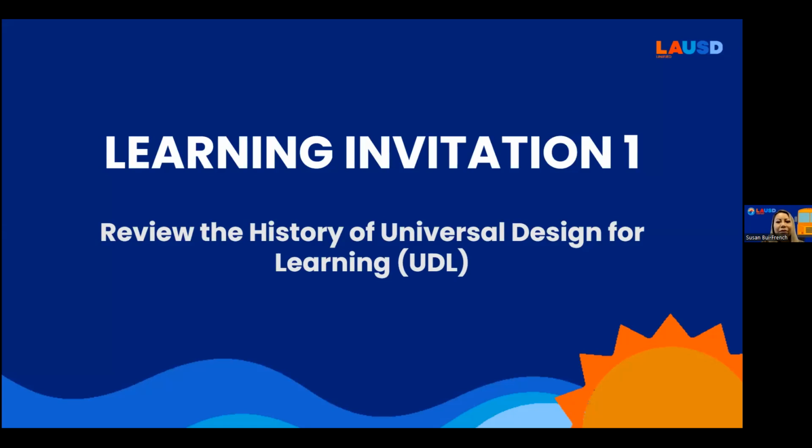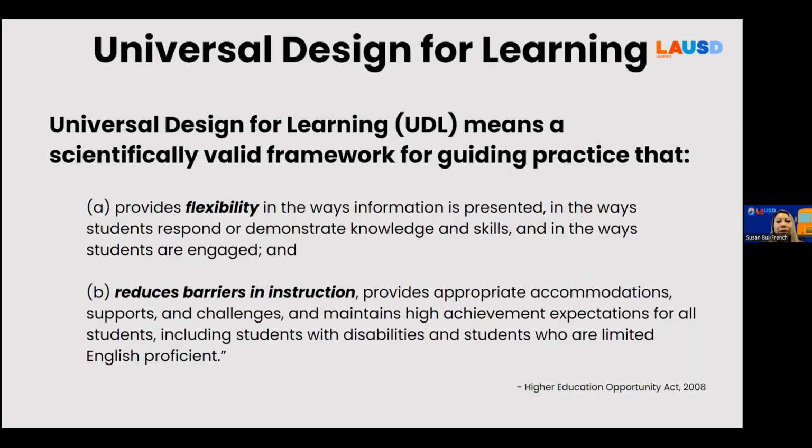Let's get started by reviewing the history of Universal Design for Learning, or UDL. UDL is a framework for guiding educational practice to improve and optimize teaching and learning for all people based on scientific insights into how humans learn. It is a guide on how to design a classroom, develop a lesson, and give an assessment.